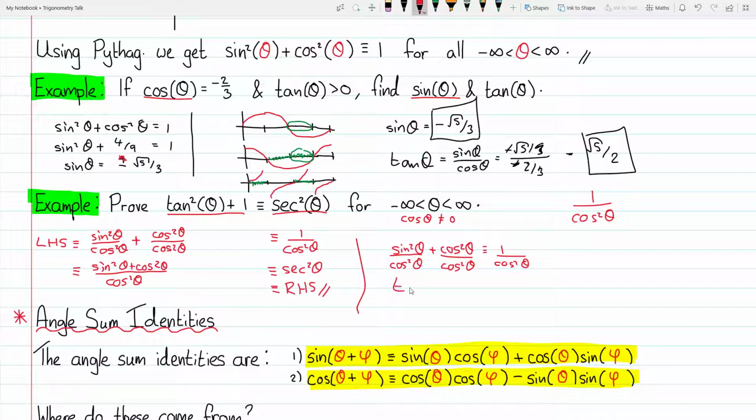Well, this is tan squared of theta. This is just something divided by itself, so it's 1. And this is identical to, again, the secant squared of theta. So this works too. We can just divide through this identity that we know by cosine squared of theta, and we get this. And this is another valid way of proving this identity.